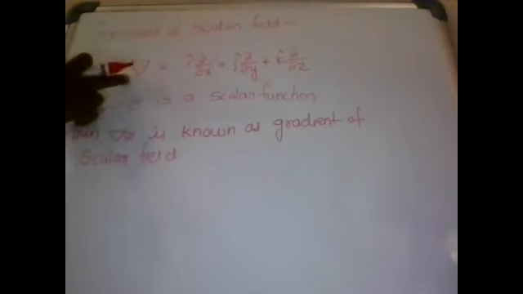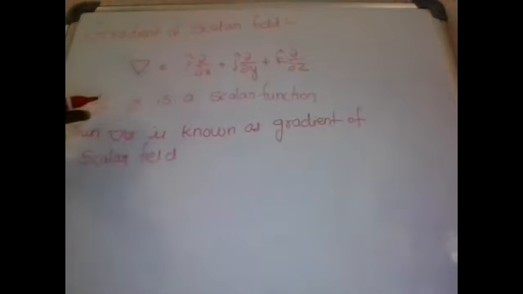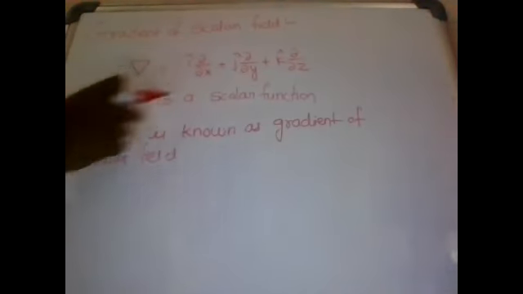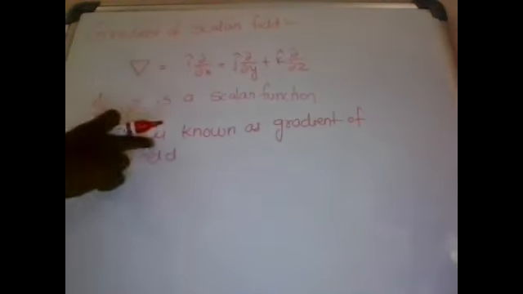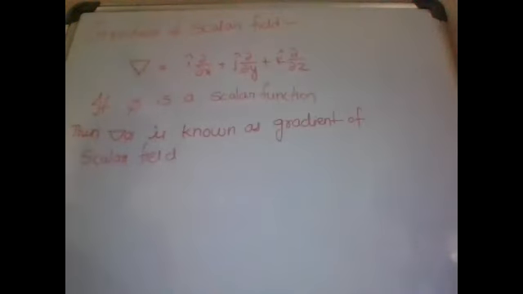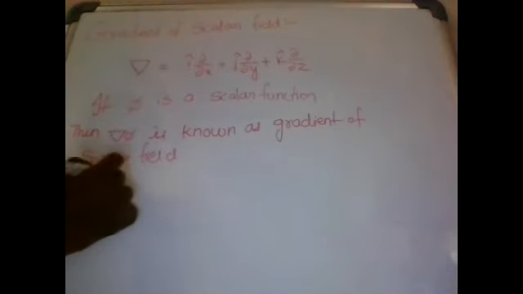So here gradient means del. Here we are considering phi is a scalar field. Then del phi is known as gradient of scalar field. What is del phi? Gradient of scalar field.